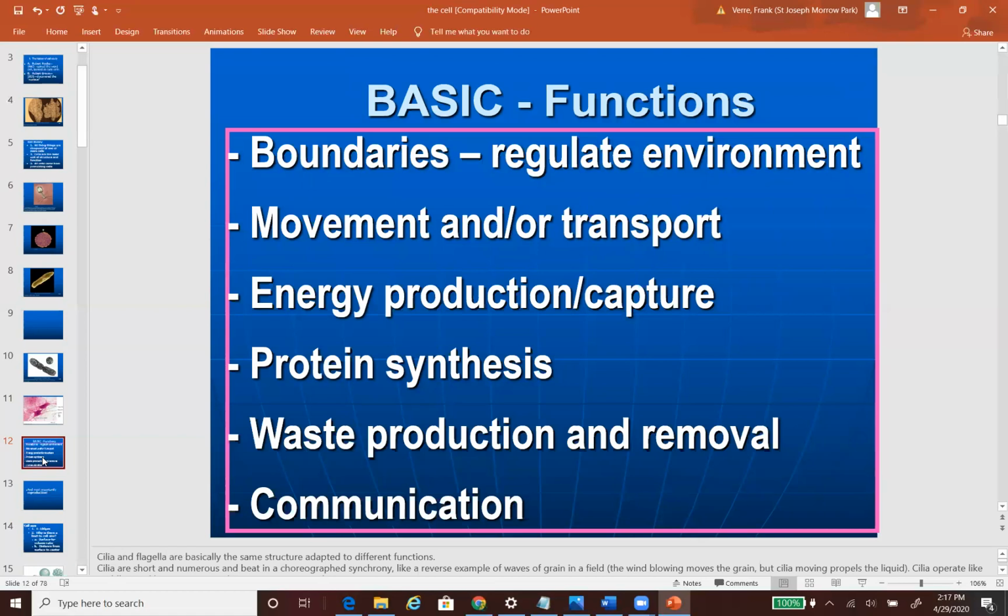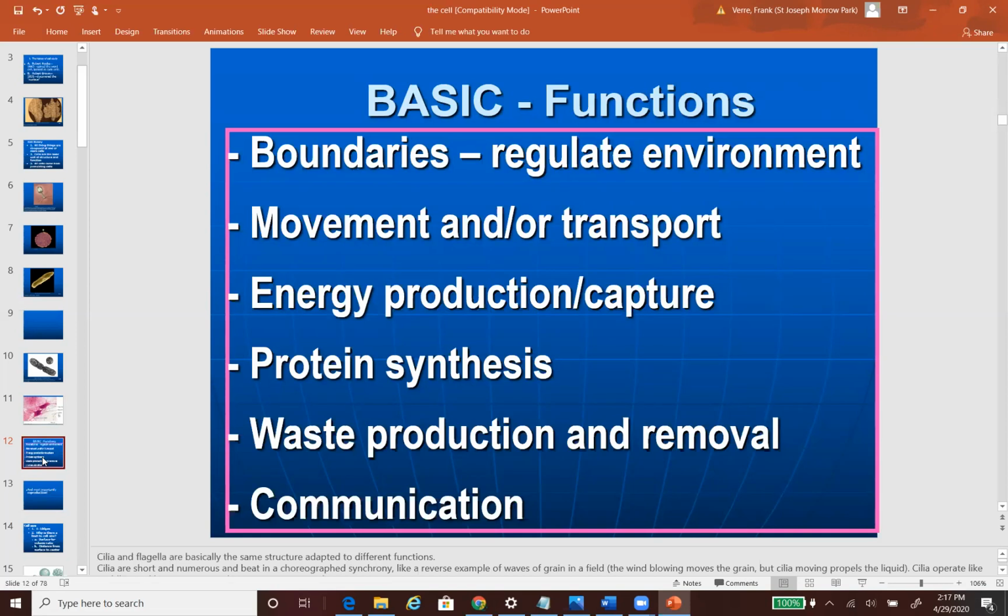Let me give you one example off the top of my head. When you eat something that's sweet, that sugar rush is detected by cells in your pancreas called beta cells, and they then release something called insulin so that your muscle cells can absorb the sugar.